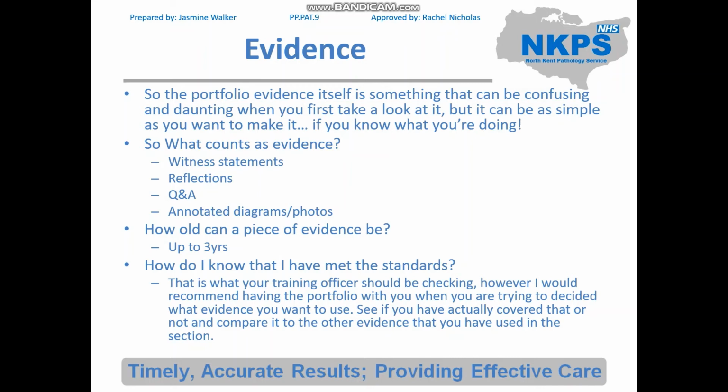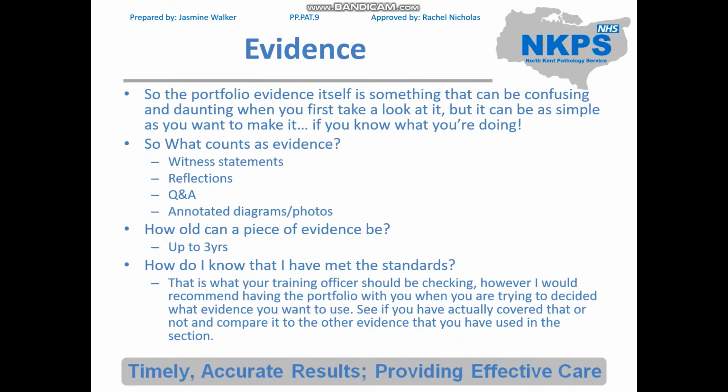And how do you know that you have met the standards? This is what your training officer is basically checking when they're marking their work. However, when you are actually creating the evidence, I recommend having your portfolio book with you and actually looking at what you are trying to create, because it will have those standards written out for you.